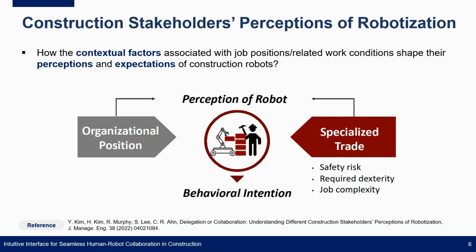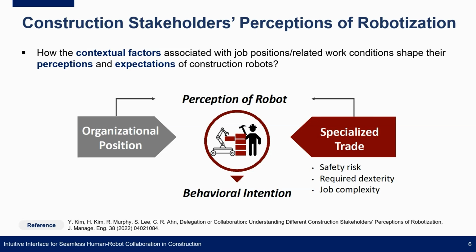To address these questions, we interviewed 36 construction professionals from various job positions. It includes high-level and low-level construction managers and superintendents, and site workers from different trades. We divided those trades into two groups: structure or task group, and architectural finishing group.